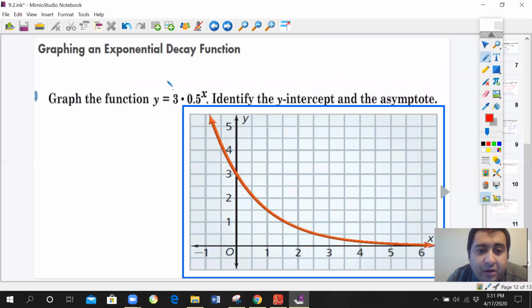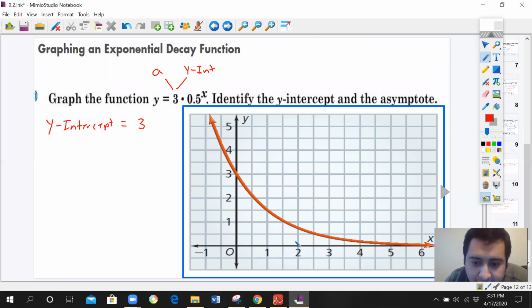If you remember the information, your initial amount, which is your a, is also your y-intercept. So y-intercept is going to be 3, which is this part.